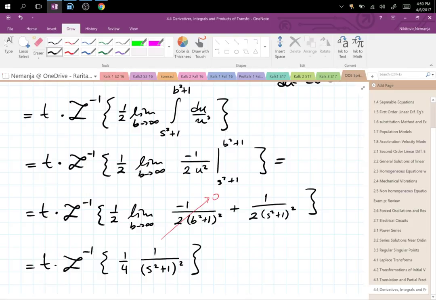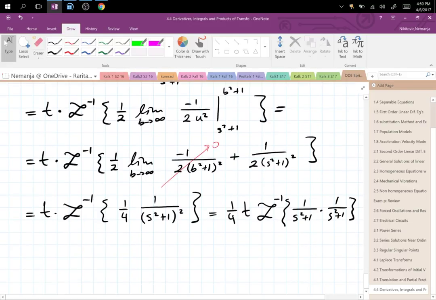So this quarter can escape outside, and I have a convolution over here between 1 over s squared plus 1 times 1 over s squared plus 1.